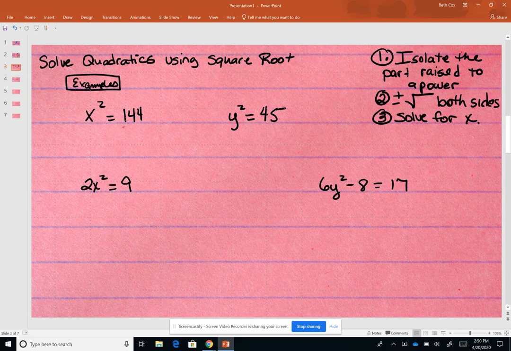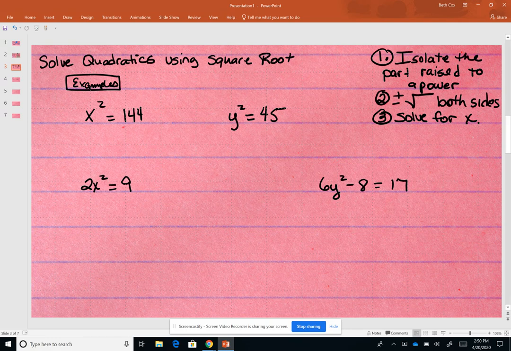Positive and negative, because we have a positive and negative square root, and when we're solving an equation, we're looking for the values that make it true. Then the third part is to solve for x, or your variable, depending on what you have left. So we might be able to skip one step, or we might be able to skip two steps, like in the first one.